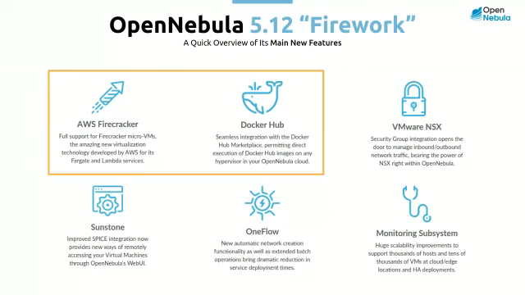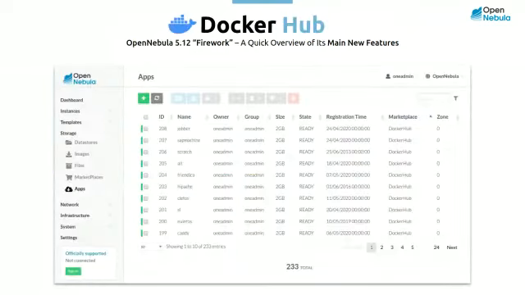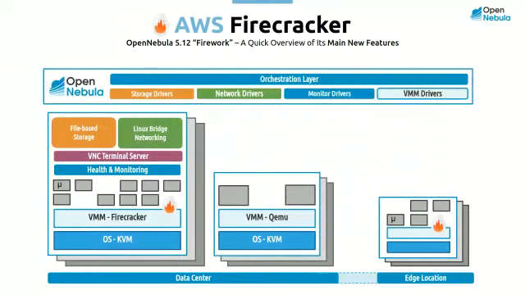You can now download Docker Hub images and run them as micro VMs, and then you can let OpenNebula orchestrate the whole thing, and that's going to be really interesting. Integration with Docker Hub works for our users as a regular marketplace for virtual machine templates, but now you can download these containers directly from Docker Hub.